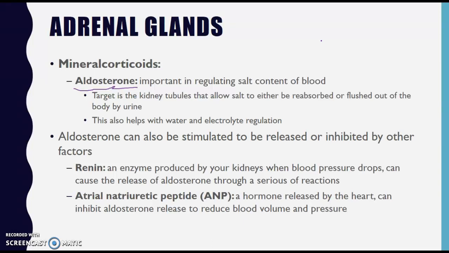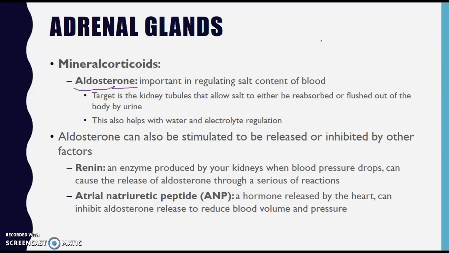And the interesting thing is we have other organs that stimulate the release of aldosterone. For example, renin is an enzyme that's produced by your kidneys. So when your blood pressure drops too much, the kidneys signal the release of aldosterone. Then we reabsorb more salt and water back into the blood, and that's going to increase our blood pressure.